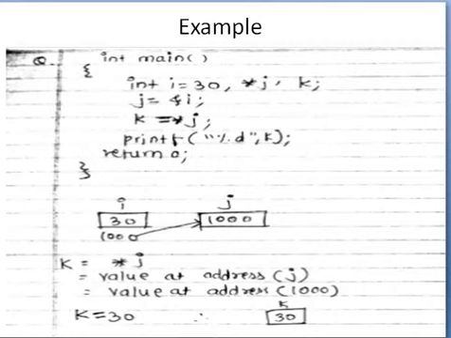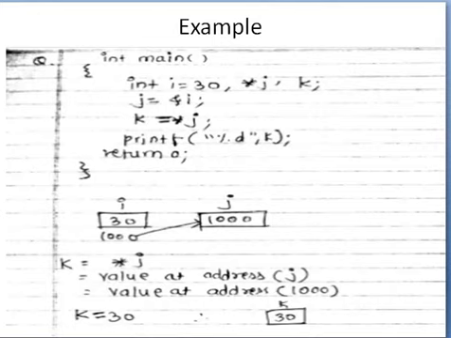Star j means it is a pointer variable which contains the address of i. A pointer is a variable that contains the address of another variable. k is equal to star j. Print the value of k.